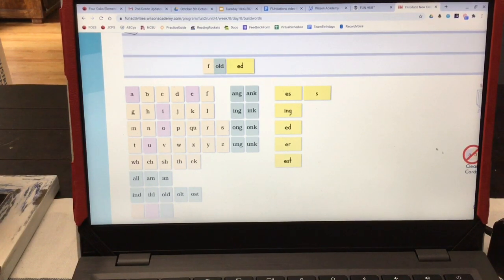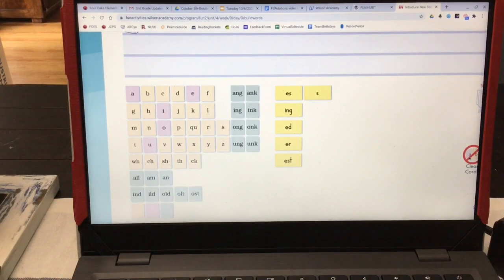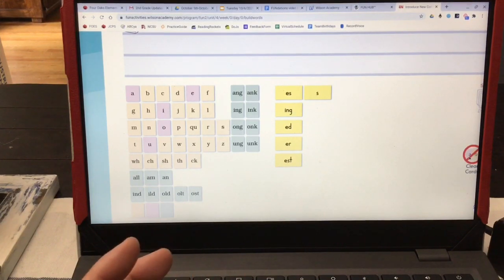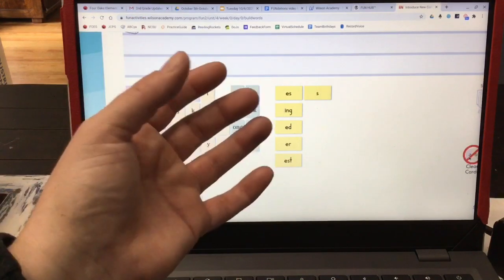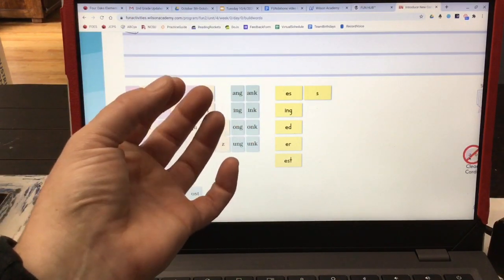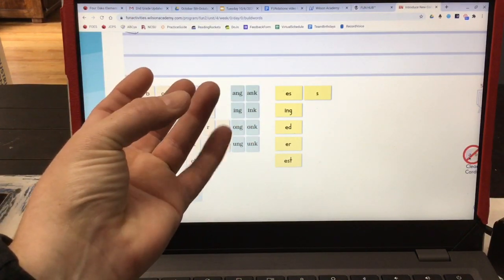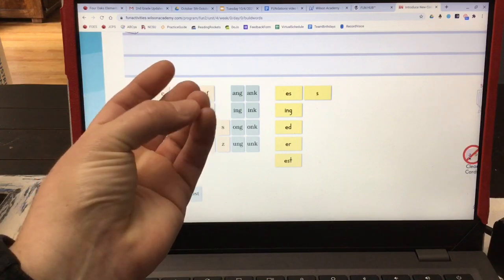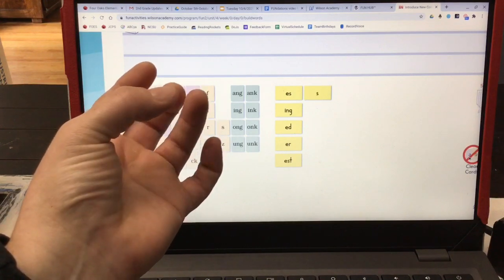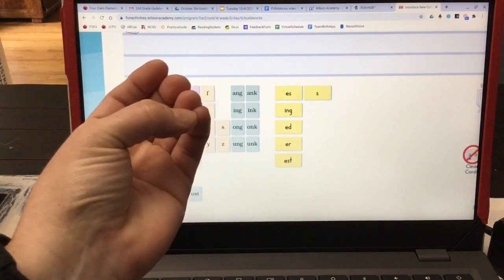Let's build a different one. Let's build the word swing. Like, sometimes I swing at the ball and I completely miss. Swing. Ing, swing, glued sound. Ing, swing. Okay.